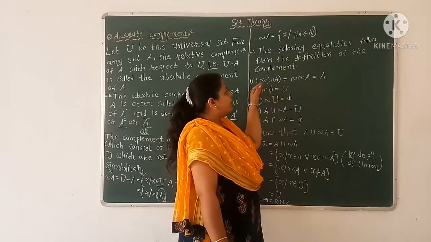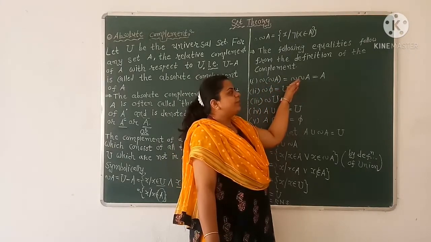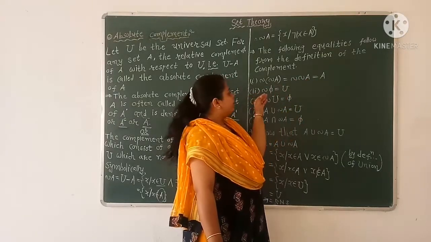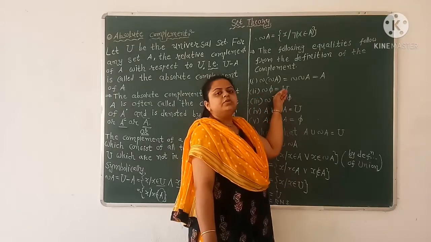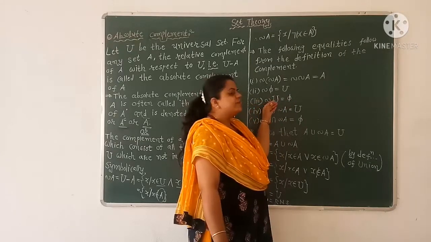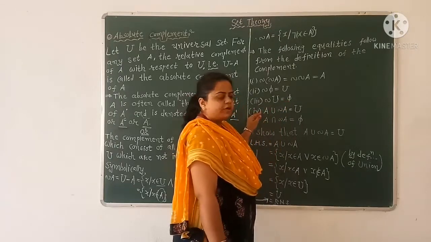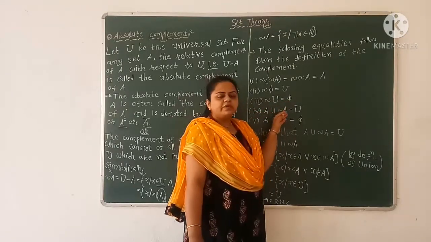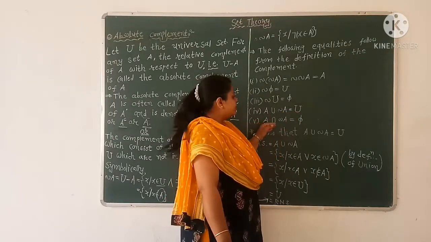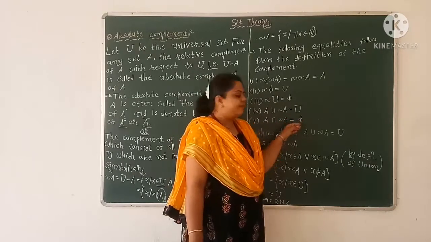Number 1. Complement of complement of A is equal to A. Number 2. Complement of phi is equal to universal set U. Number 3. Complement of universal set is equal to null set phi. Number 4. A union complement of A is equal to U. And last, A intersection complement of A is equal to null set phi.